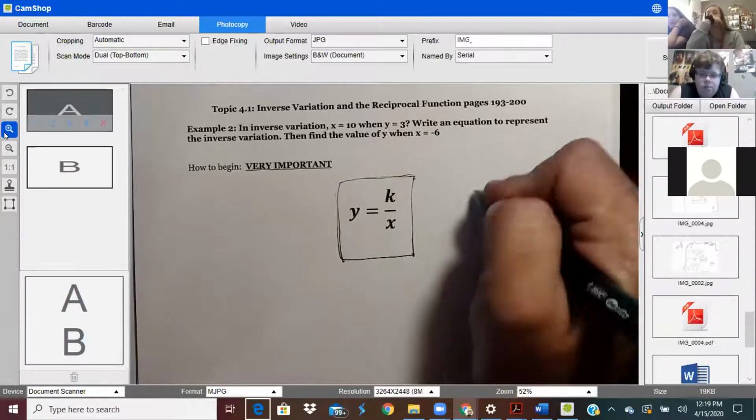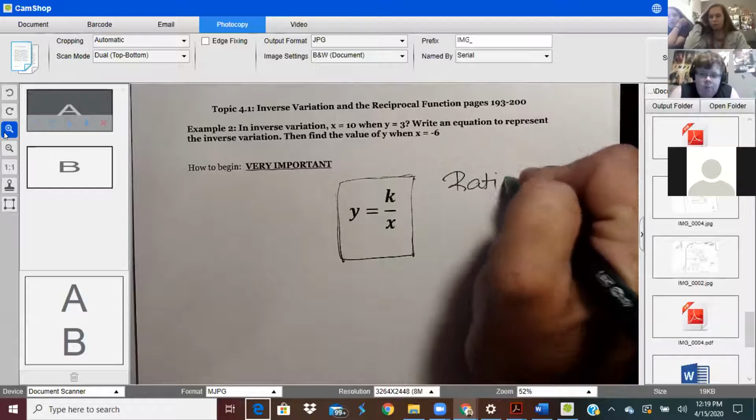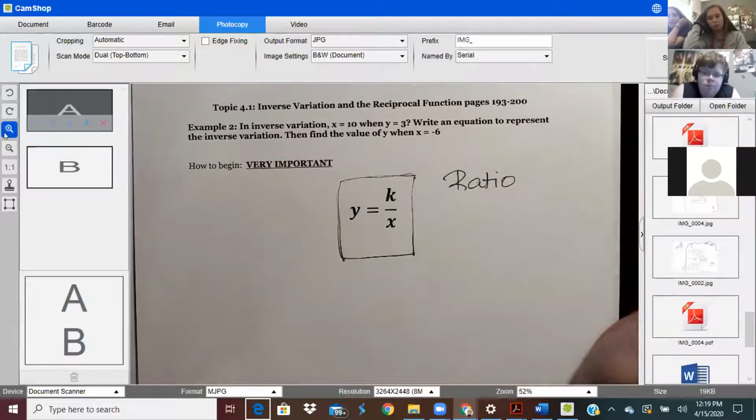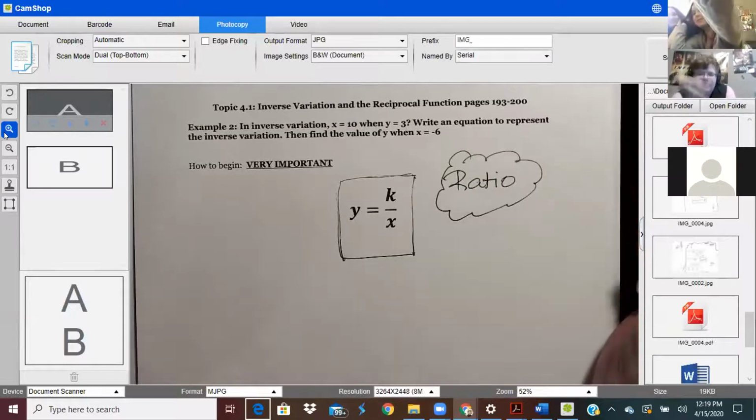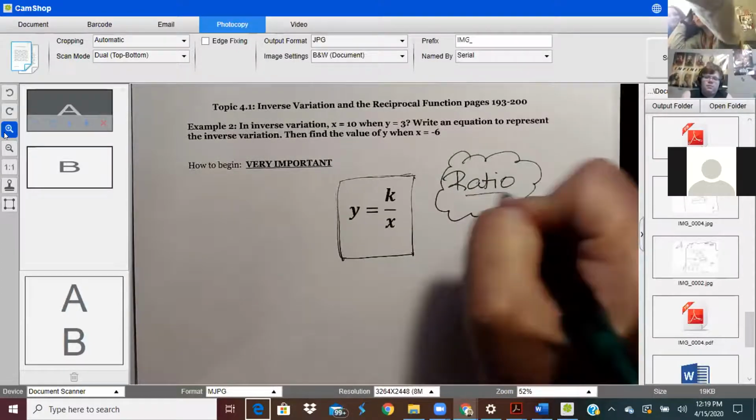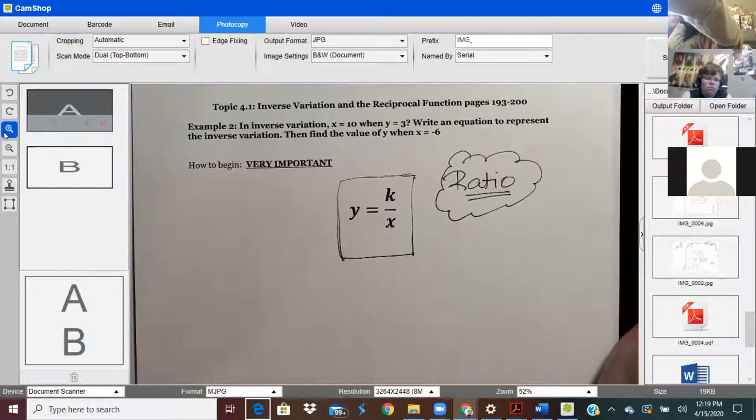Remember back to Algebra 1, and don't cringe on me. I know that y'all have some nasty feedback sometimes about Algebra 1, but what is a ratio? Is the whole number 1 a ratio?